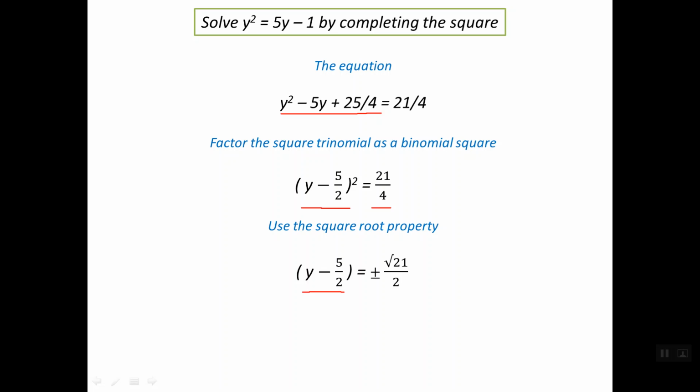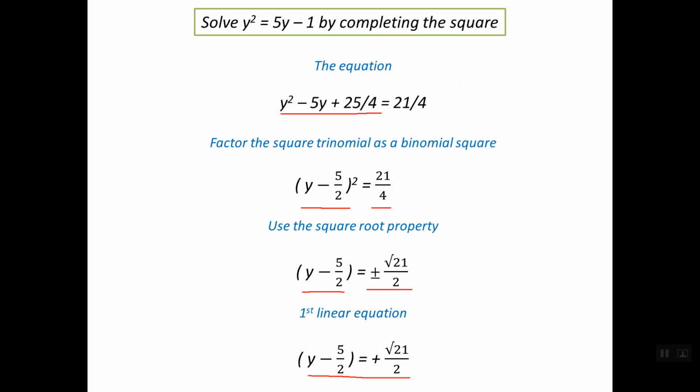The square root of 4 is 2, so the result is plus or minus the square root of 21 over 2. So now we have two linear equations. The first one is y minus 5 over 2 is equal to plus the square root of 21 divided by 2.